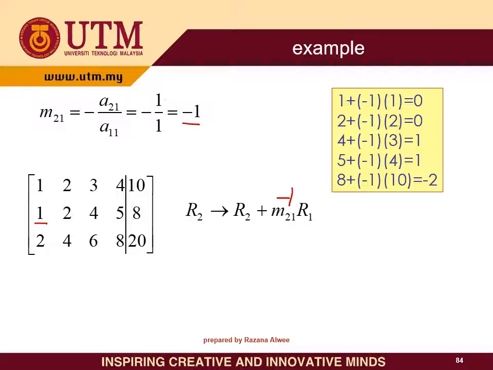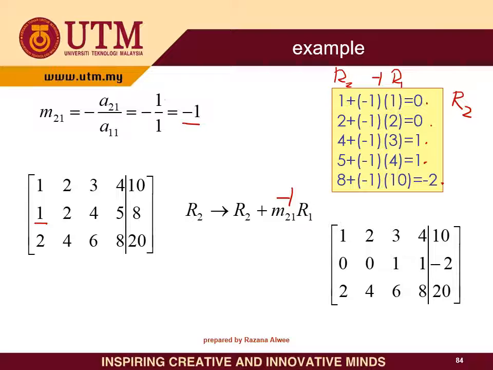So you will get R2 plus -1 R1, and this changes to our new R2. So 4 will be 0, 0, 1, 1, and -2.